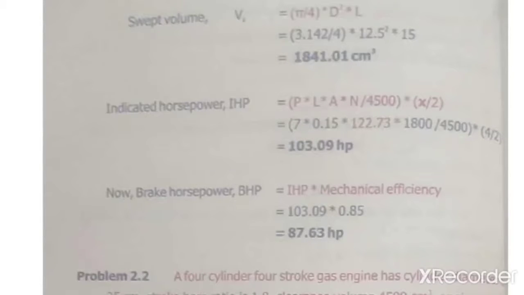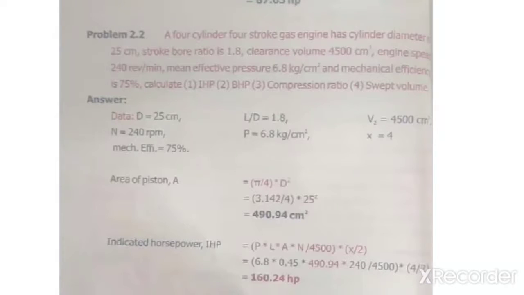Because the mechanical efficiency formula is BHP divided by IHP into 100, so the answer will be in percentage. That 100 is divided here, so 0.85 here, and the answer will be 87.63 horsepower. Okay, now let's see the next example.